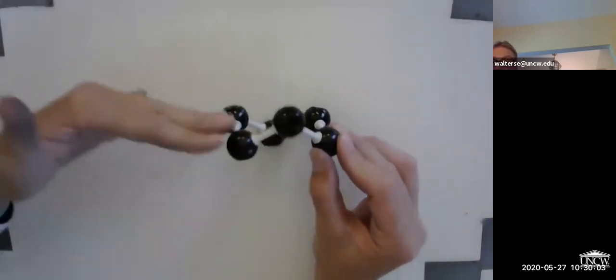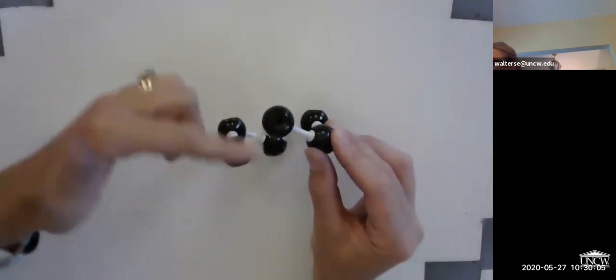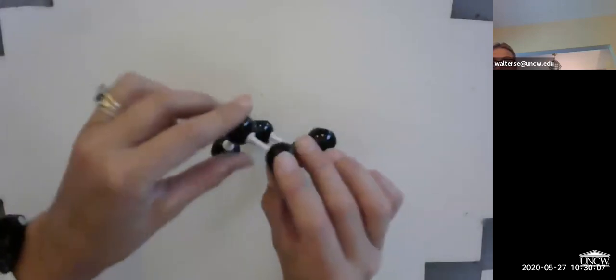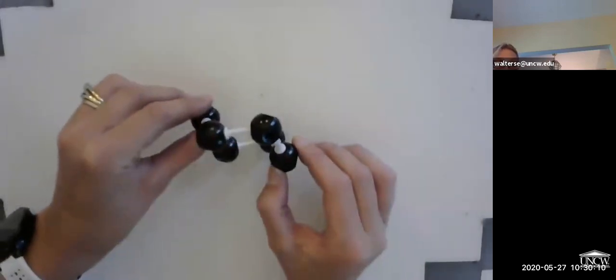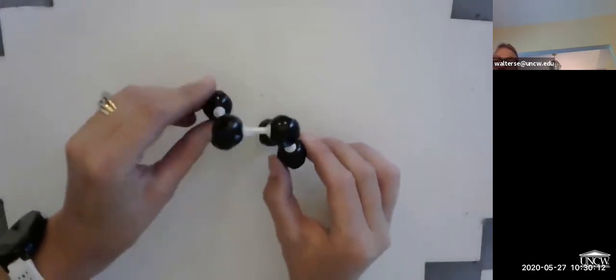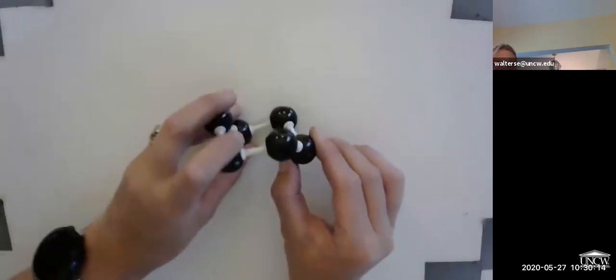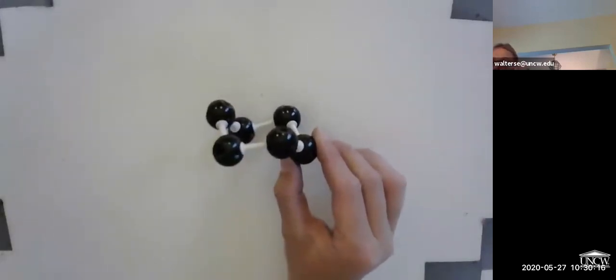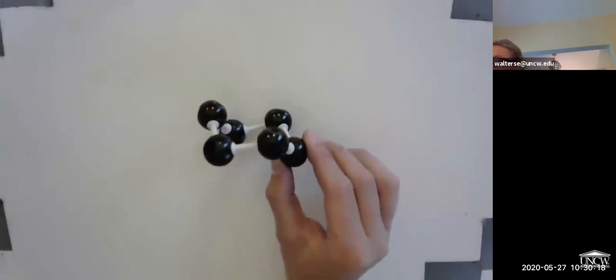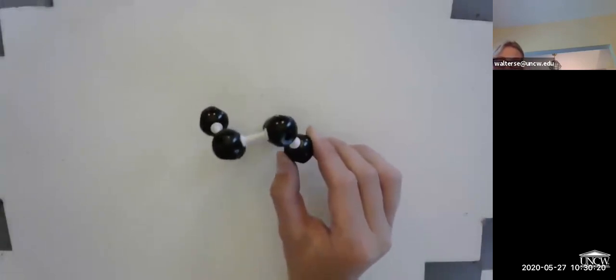And if I tip it on its side, you can see how it's puckered out of the plane. It still has a plane, but they kind of zigzag up and down around the ring. Okay. Now you can draw Newman projections of it, and there's one in the notes, but you won't be asked to draw those. They're kind of hard to draw and see.